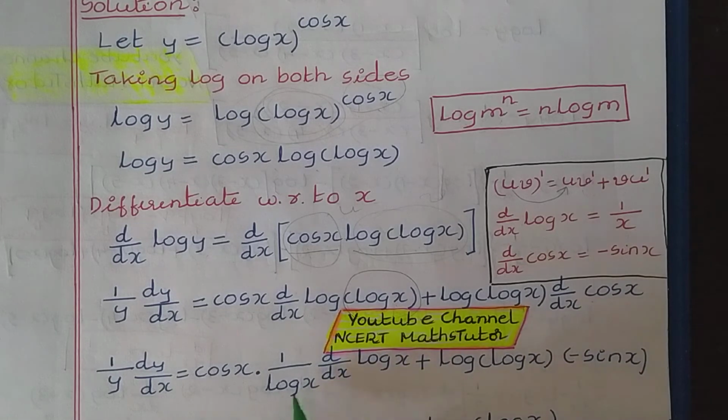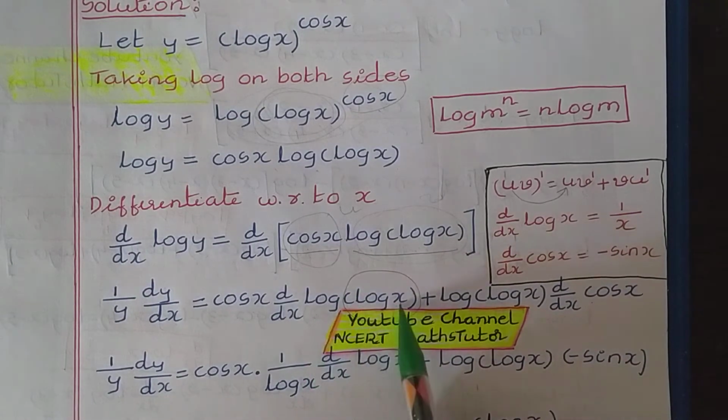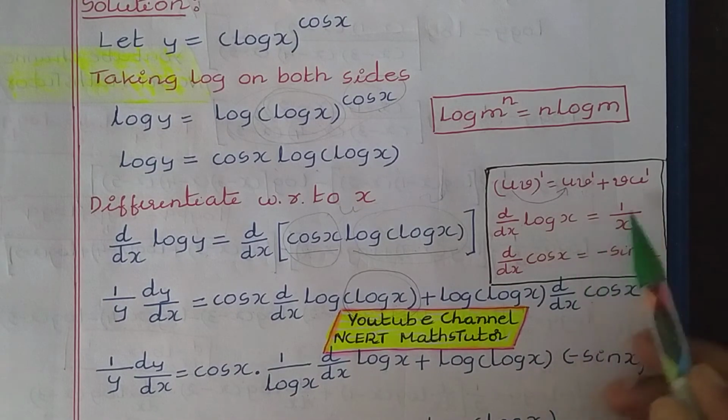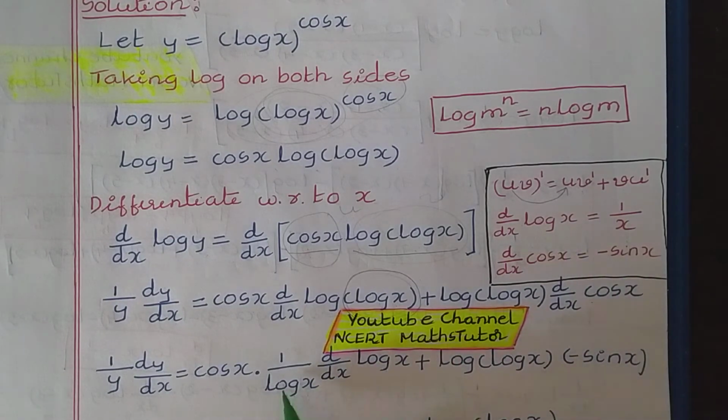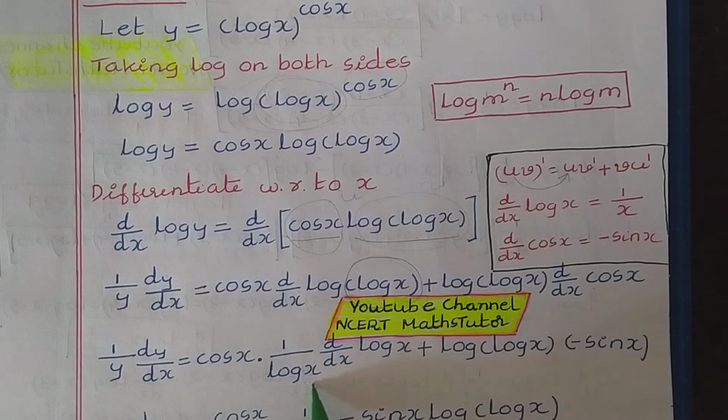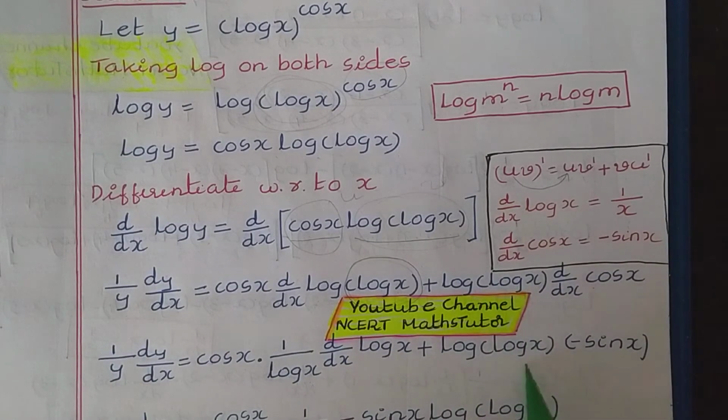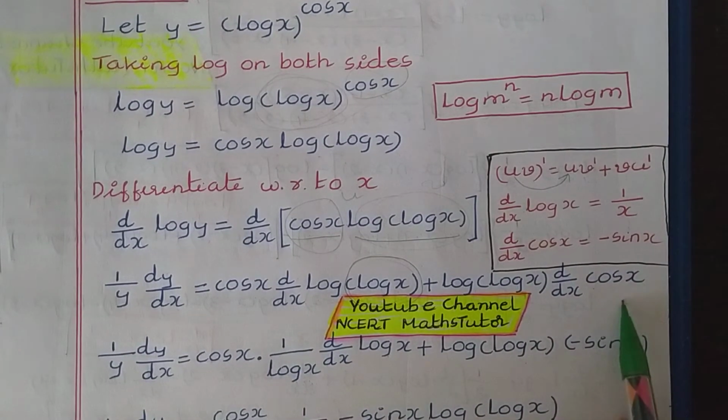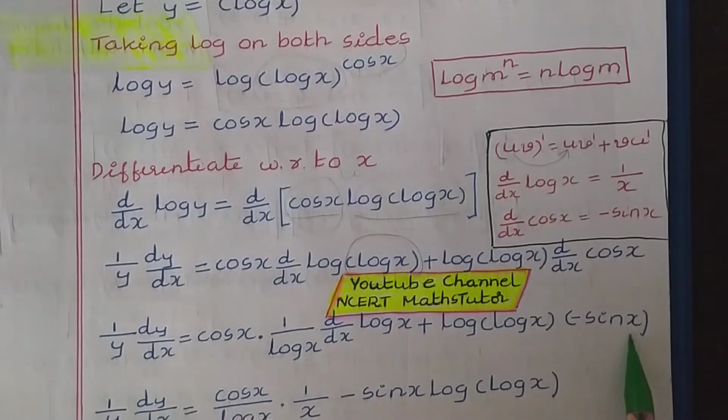You need to find the derivative of log x, so d by dx of log x. See, here we have log 2 times, so log of log x. So this first we are taking as x value. So we get here 1 by log x, because derivative of log x is 1 by x. Then further we need to find the derivative of this, plus log(log x) into derivative of cos x, which is minus sin x.